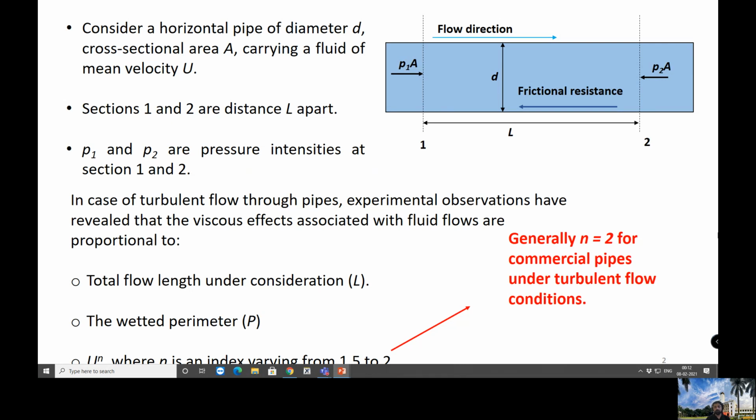However, for commercial pipes in a turbulent flow condition, n equal to 2 is assumed all the time.